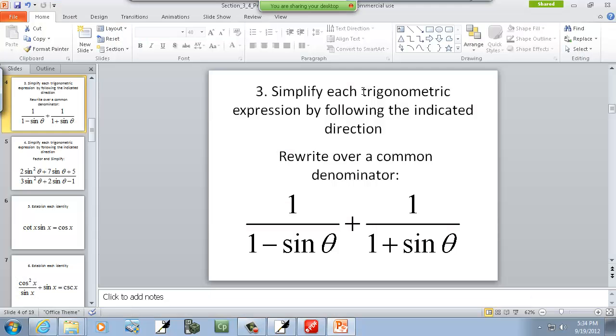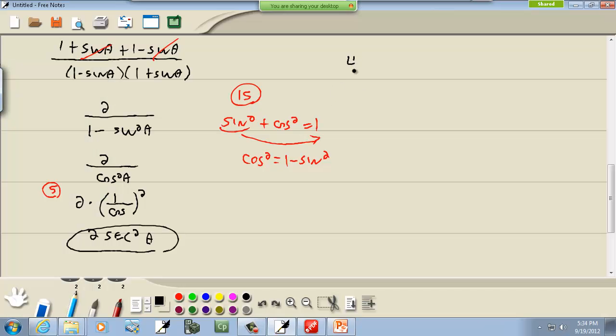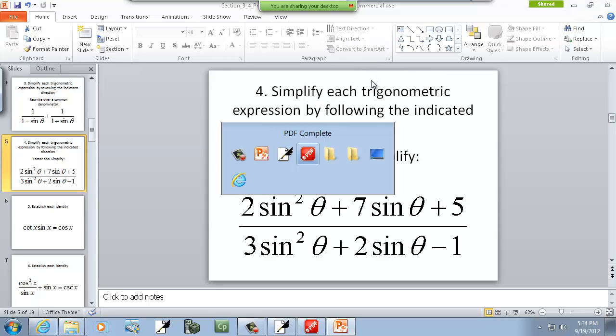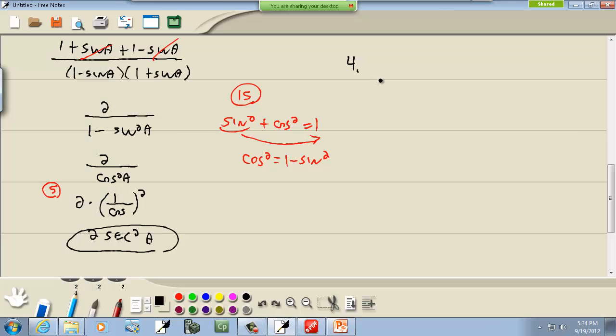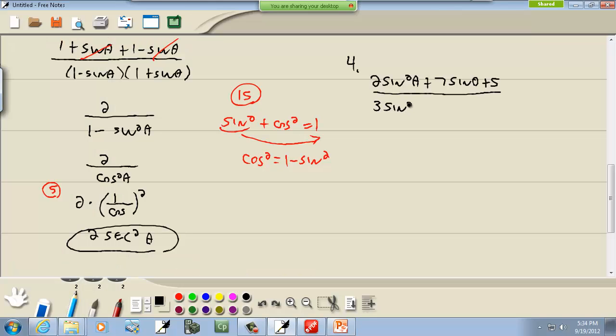Okay, let's look at the next problem. We've got 2 sine squared theta plus 7 sine theta plus 5 over 3 sine squared plus 2 sine minus 1.